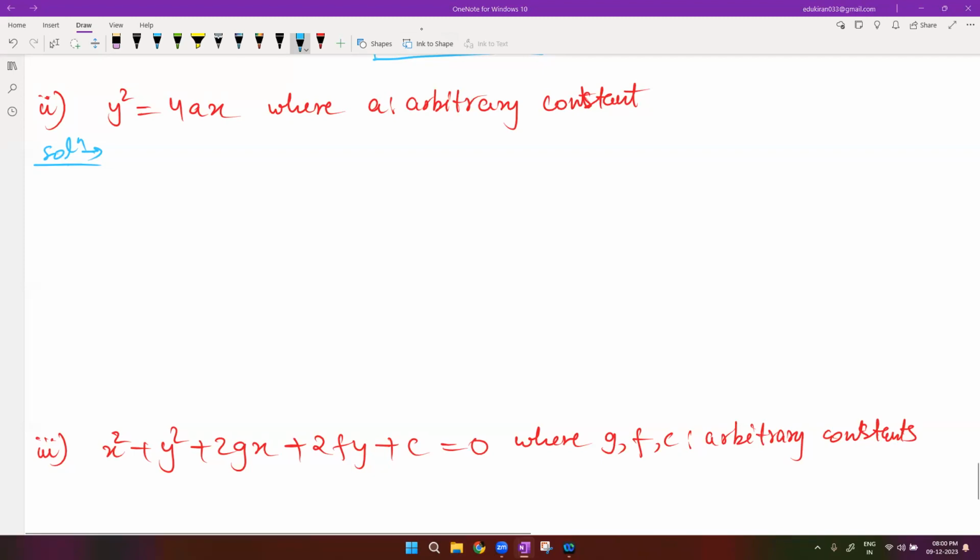There is only one constant involved in this case, so we will just have to differentiate this one time, and we can very easily get the differential equation for this. Please try to solve this quickly and tell me the differential equation.